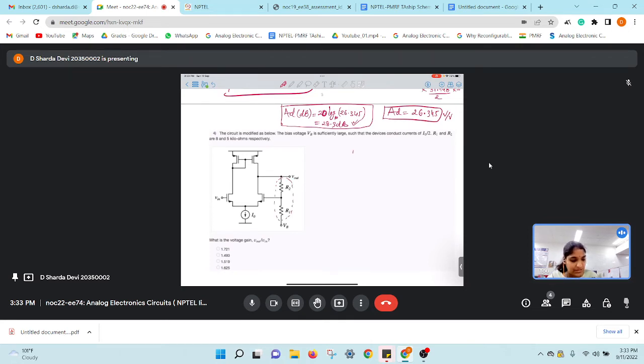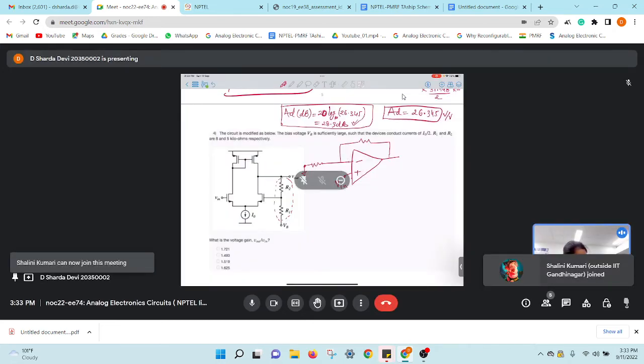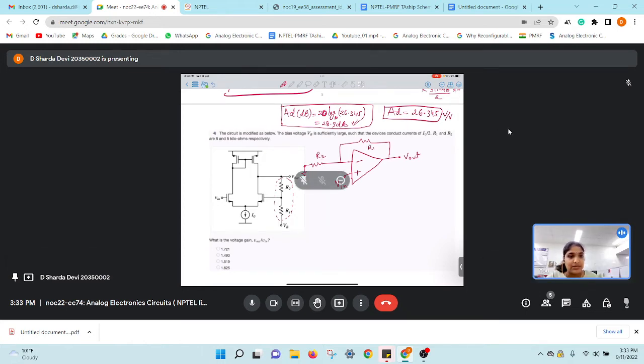Generally, in a normal op-amp with minus and plus terminals, we provide negative feedback for stability. This is how we provide the feedback, R1, R2. Here Vout gets connected to Vn, from virtual short.